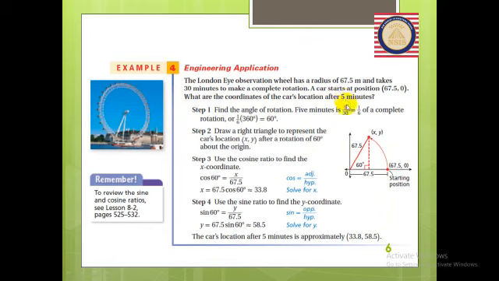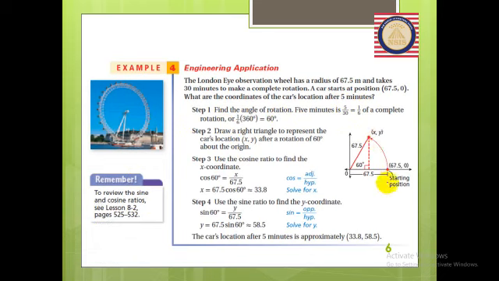So 5 over 30 is 1 over 6 of the whole rotation. So we're going to find the angle of rotation.